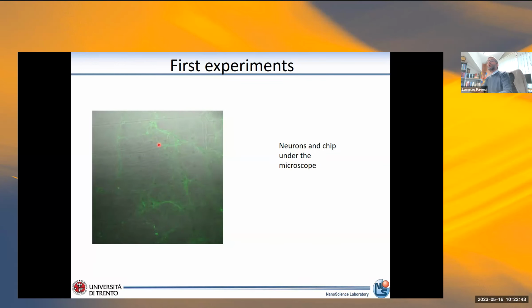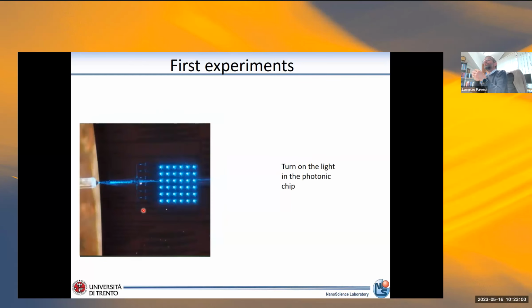Then we look whether the neurons are alive, so we put the neurons under the microscope, and you see the blue light that is coming out from the neurons because of the presence of chromophore that, when you excite, shine. And then we turn on the light in the photonic chip, so we insert the light through the fibers, and then we have all these different points that are the different scatterers that scatter the light out of the chip, and this light should be used in order to excite the neurons.